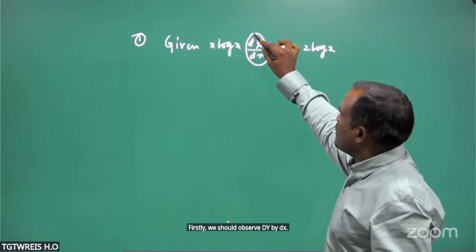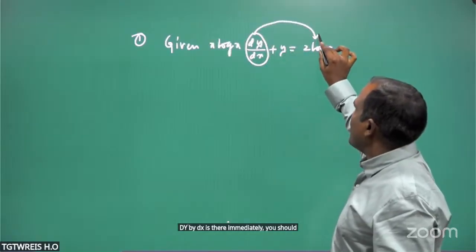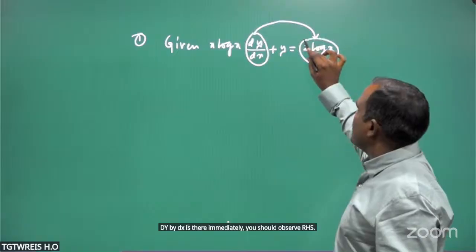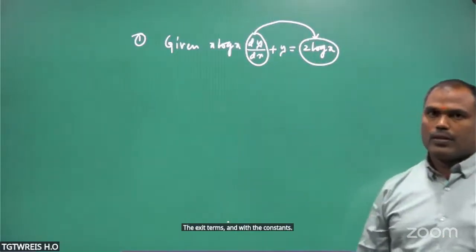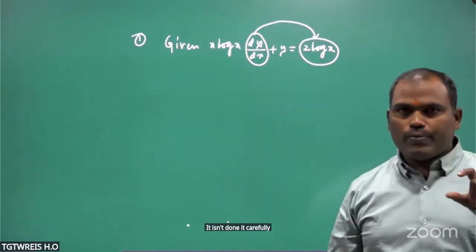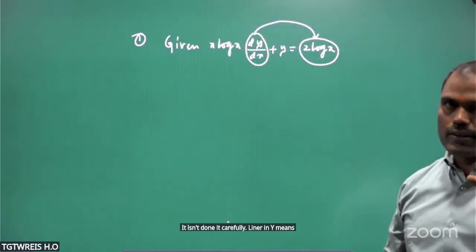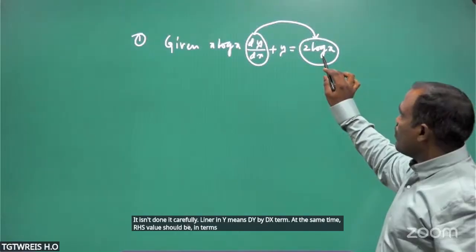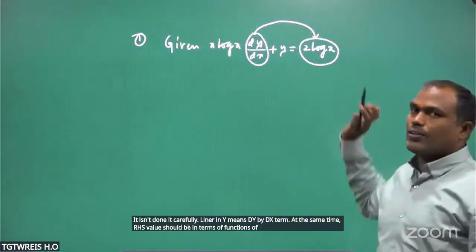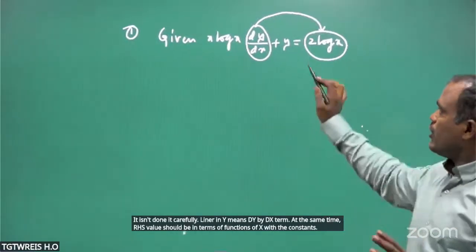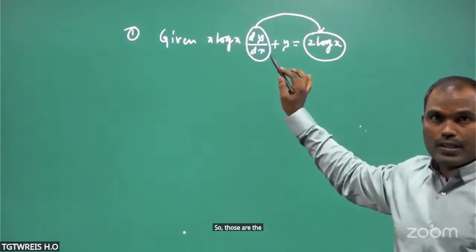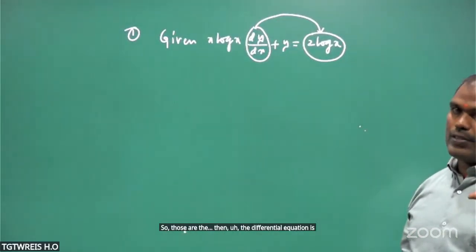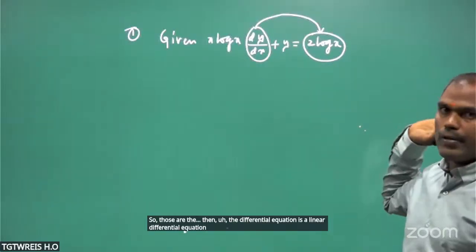If dy by dx is there, immediately observe the RHS: x terms with constants. Linear in y means the dy by dx term, and at the same time the RHS is in terms of functions of x with constants. Then the differential equation is linear in y.